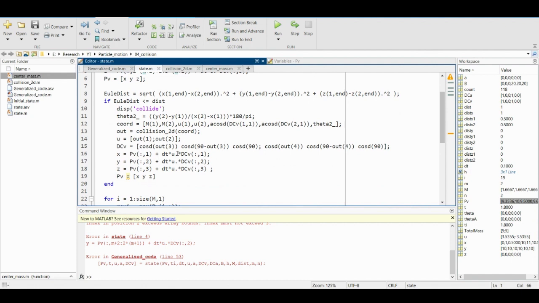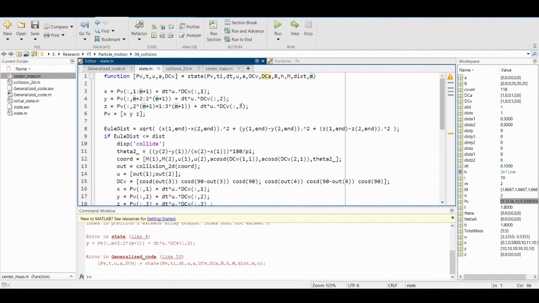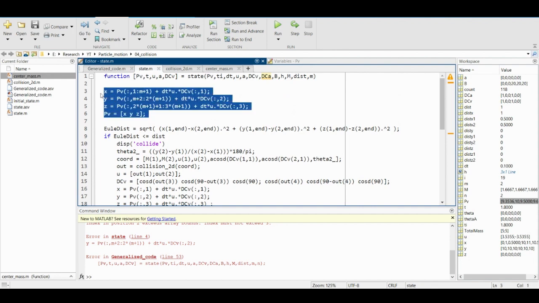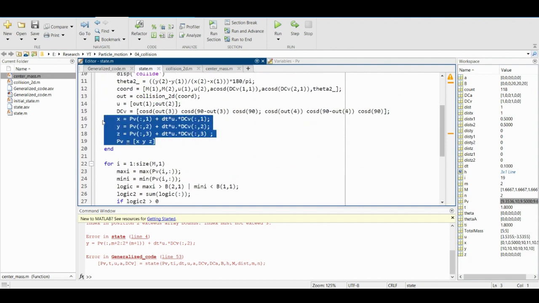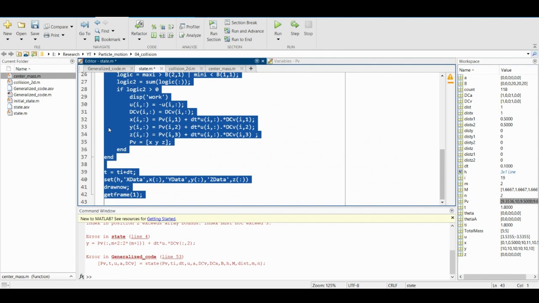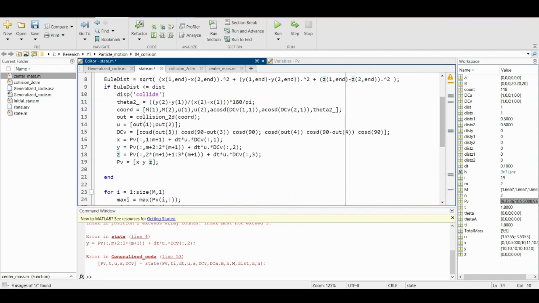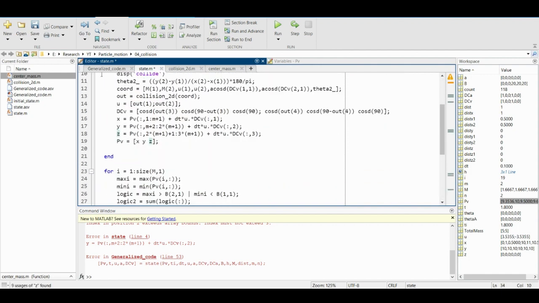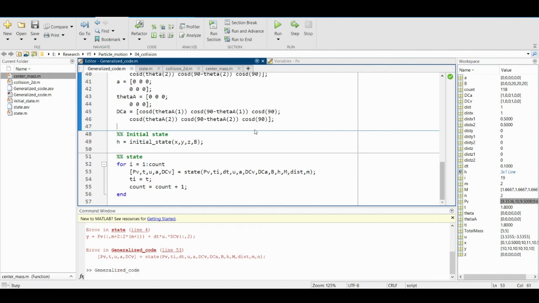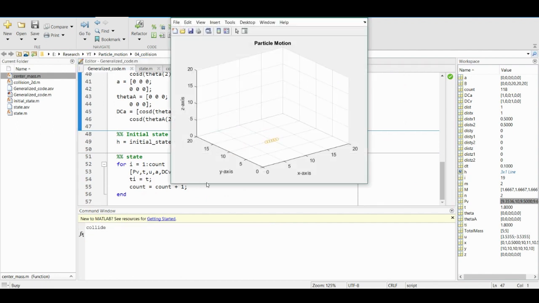After collision, I had to put this thing again. Control C, Control V. It was showing error here, not there. Actually, not here. It was showing error here. Let me see.